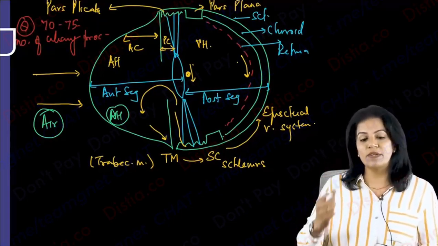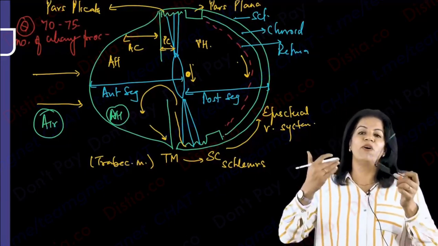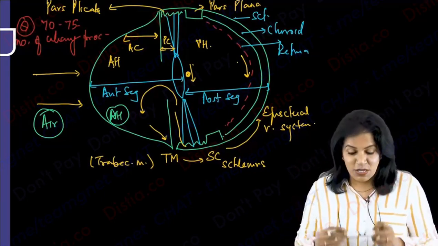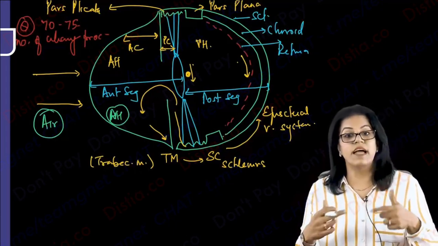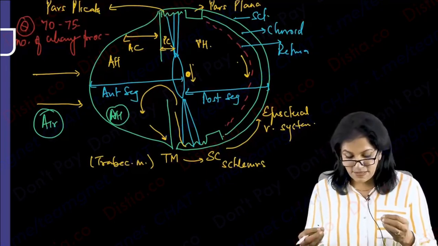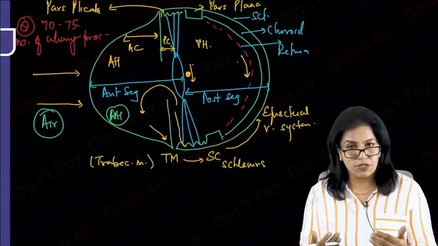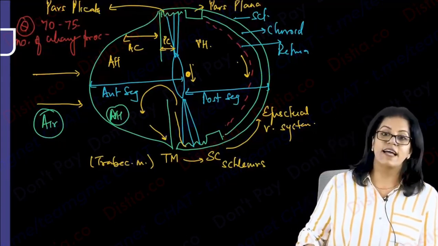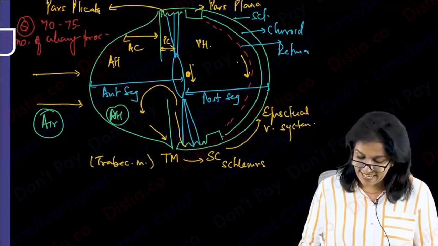And when is the amount of aqueous more? Either it is formed more or it is drained less. Any imbalance, the majority of the time it is less drainage. When there is less drainage, what happens? More aqueous, and sometimes of course more formation is also a factor. More aqueous in the eyeball raises the intraocular pressure. Right guys? Okay, let's make it here and mention it.